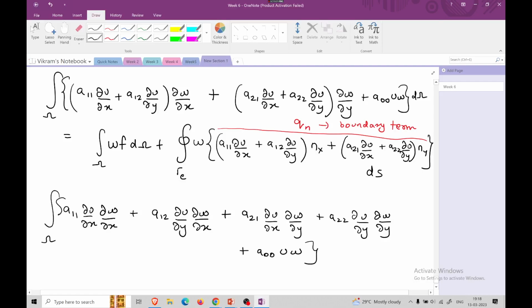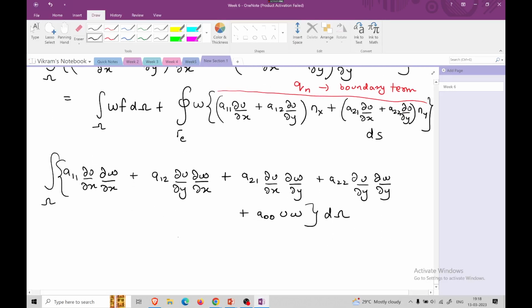This whole thing integrated over the domain is equal to w f d omega plus the boundary term, w into qn into ds.